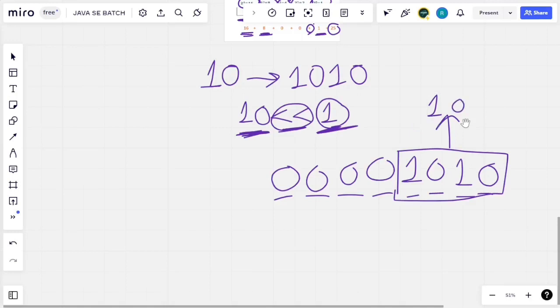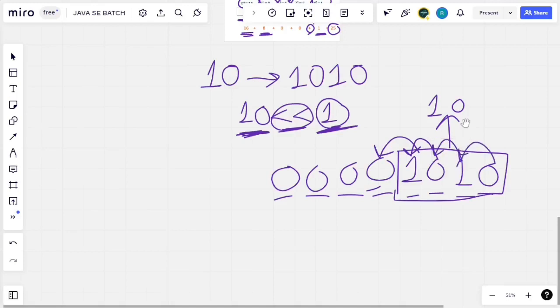So when we say left shift every bit of this 10 by 1, that means just left shift each bit forward. So we will move this 1 to this place, then we will move this 0 to this place, then 1 to this place, and then 0 to this place.